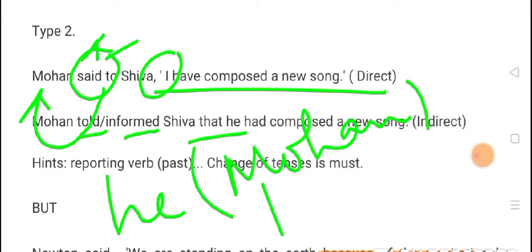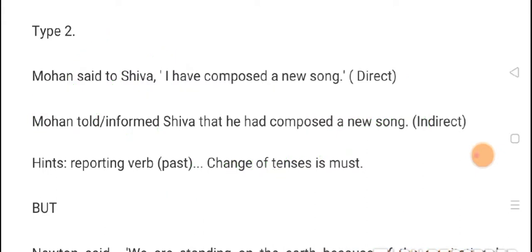So Mohan informed Shiva that he, who is he? He is Mohan, had composed a new song. Understood? So Mohan informed Shiva that he had composed a new song. Hence the reporting verb is past, so the tense change is a must.